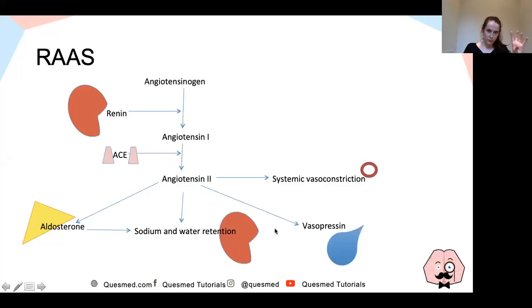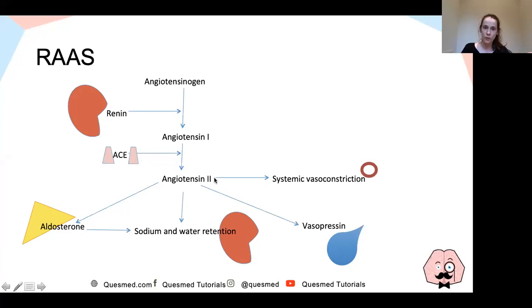So, as we know, renin is released from the kidneys. What happens then is it cleaves angiotensinogen into angiotensin 1. Then angiotensin 1 goes to the lungs, where it is transformed into angiotensin 2. And then angiotensin 2 acts in multiple ways to bring blood pressure up.